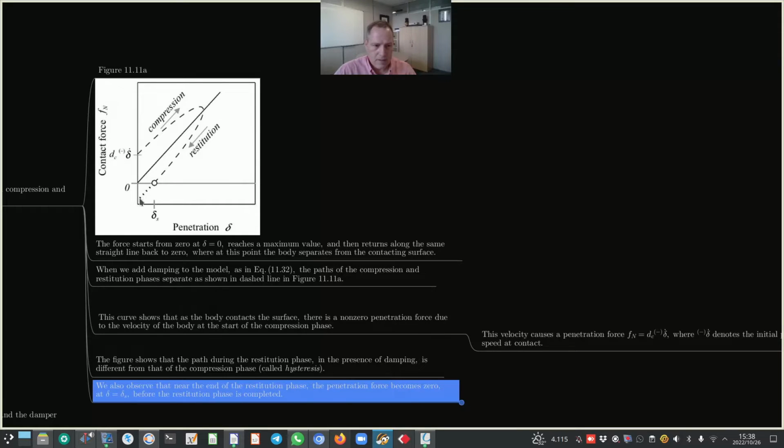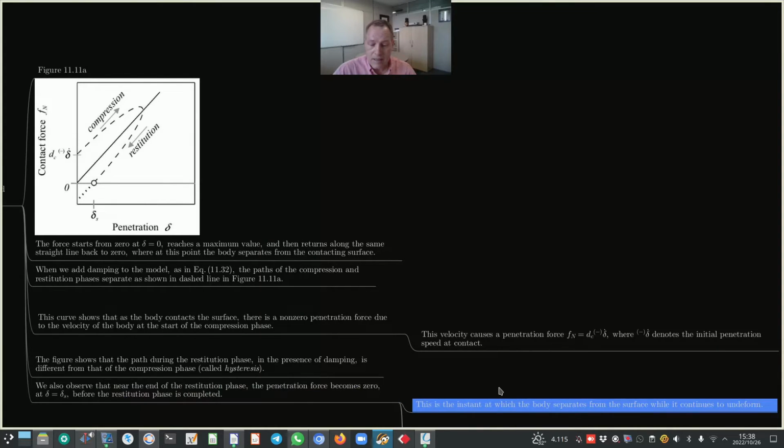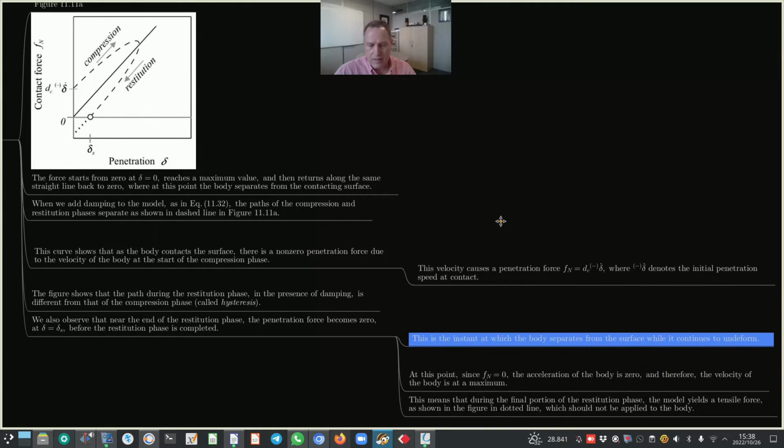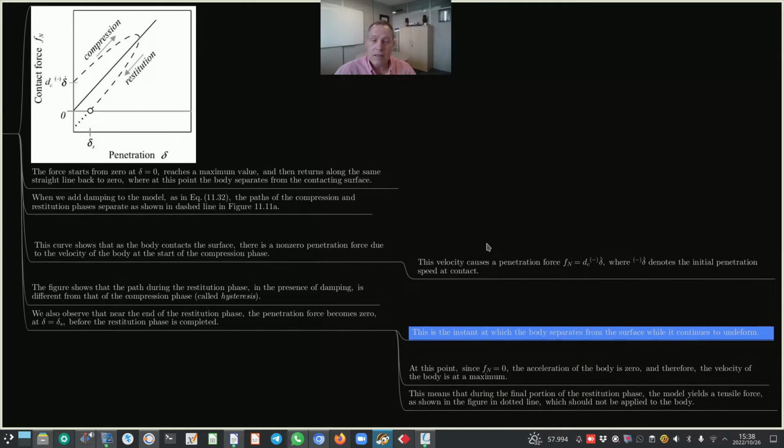Okay, there's still a dotted line. Now, this is the instant at which the body separates from the surface while it continues to undeform. In other words, while it continues to change shape to its original shape.